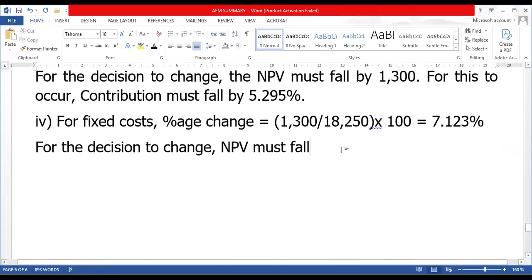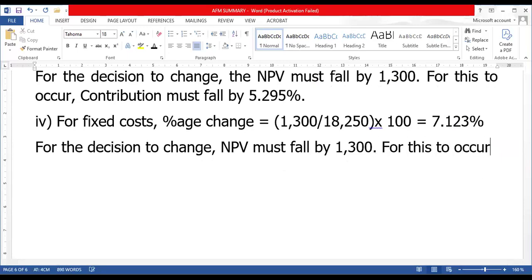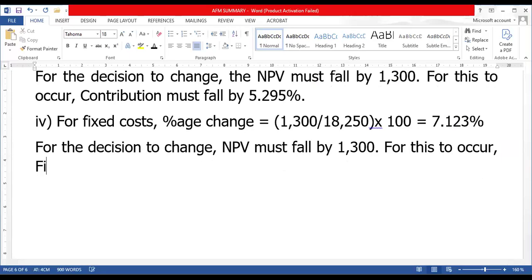Okay, so here the NPV must fall by 1,300. For this to occur, fixed costs, these are costs, must do what?